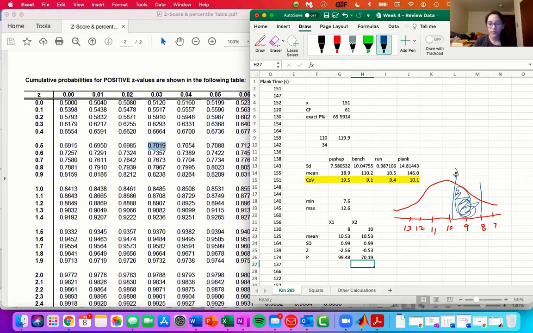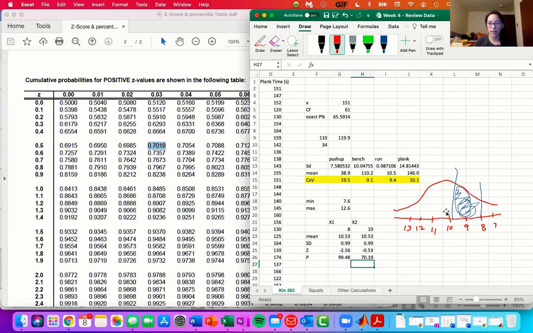Okay. So how would we find this shaded area? Subtract it. You take the difference. Exactly. We say, I know that 99.48% lie at or beneath the value of 8, and 70.19% lie at or beneath 10.